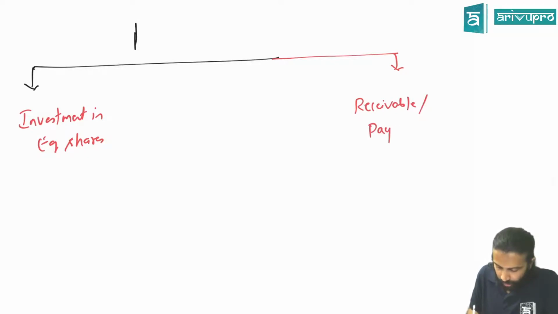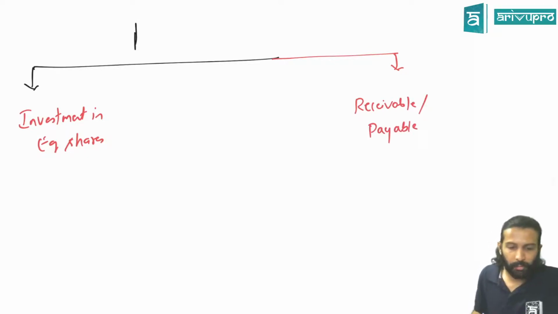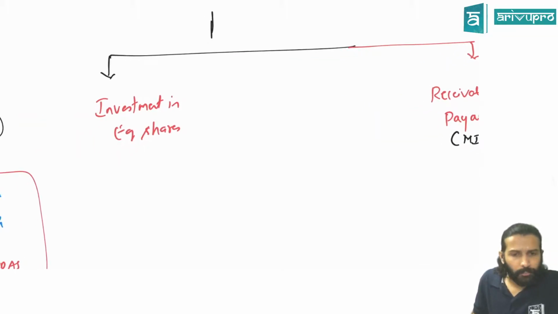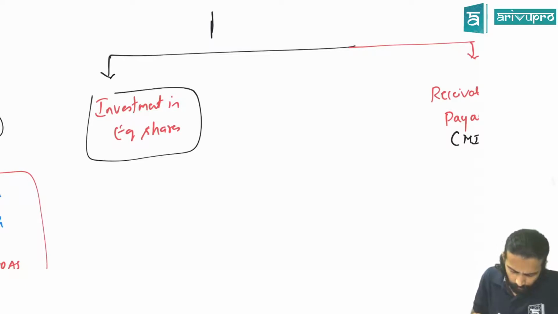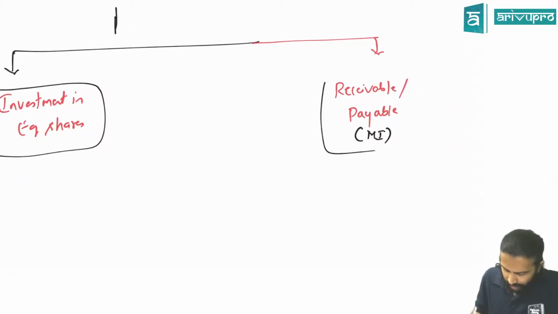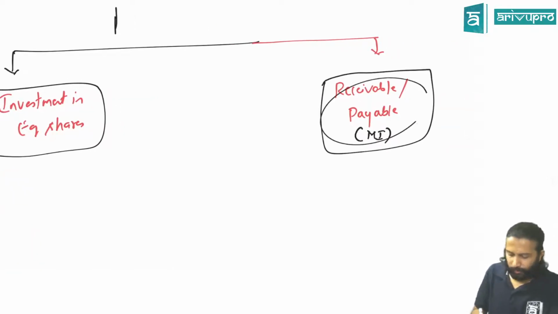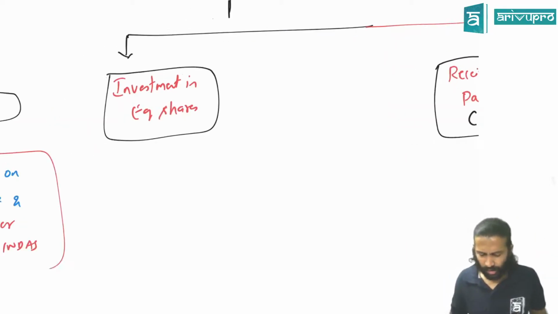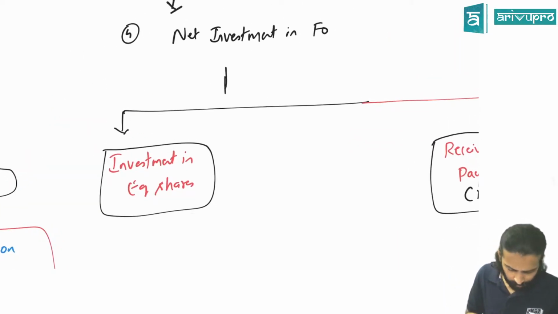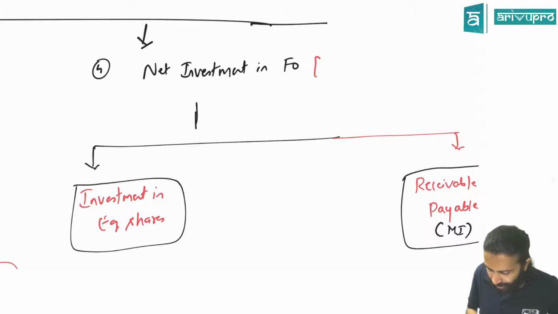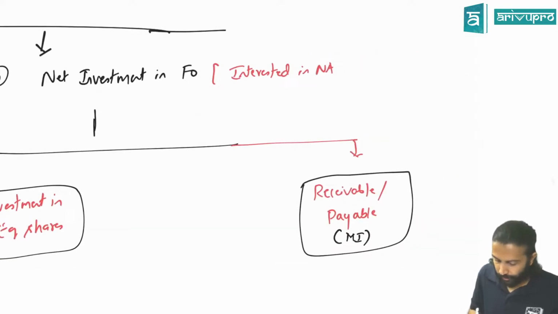Investment in equity shares, and anything other than only investment in equity shares, we don't call it an investment in foreign operation. Investment in foreign operation means interest in the net assets of the foreign operation.